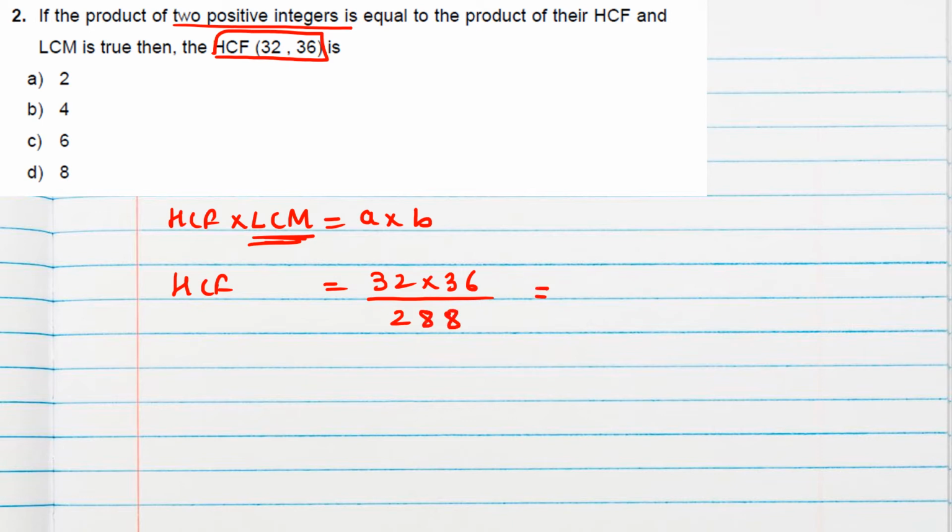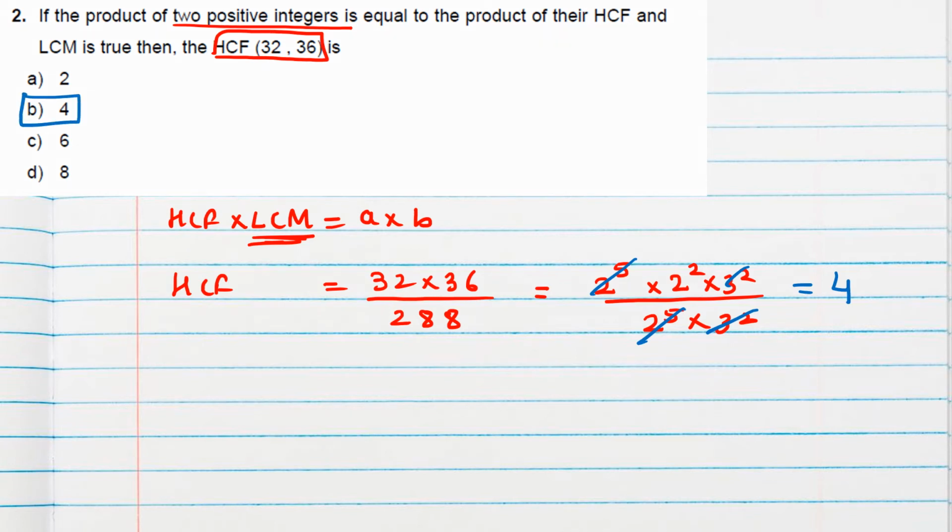To save our time, we can write 36 in prime factorization as we wrote in question 1, 2 square, 3 square. And 288 also we will write in prime factorization form, which we wrote in question 1 already: 2 power 5, 3 square. So there is no need of multiplying such large numbers. We can directly cancel here. So the final answer will be 4. So here option B is the correct option.